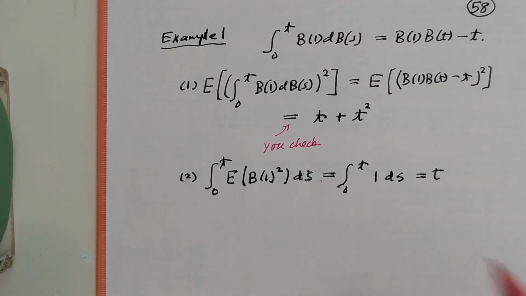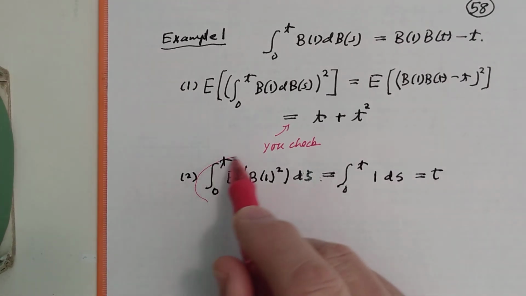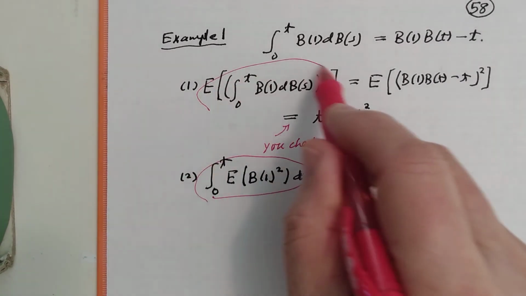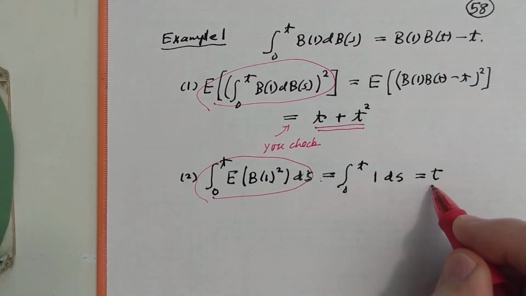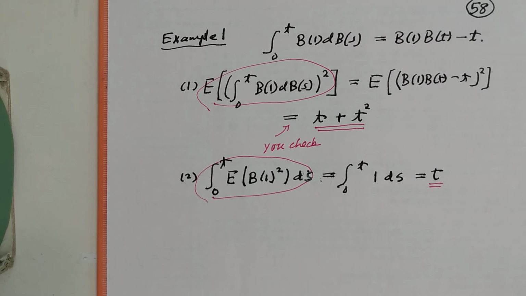Now compare these two quantities. We have t plus t squared here, we have t.